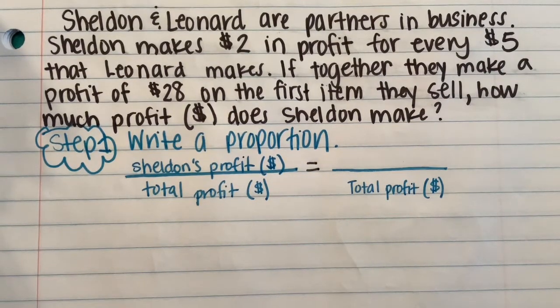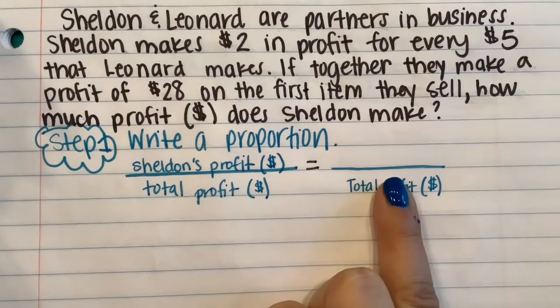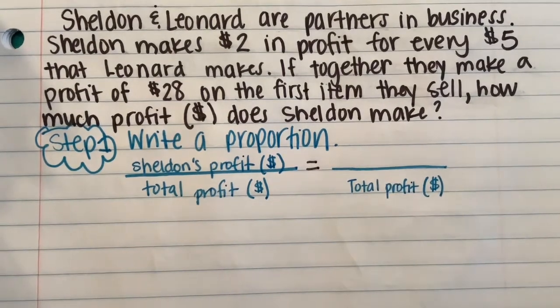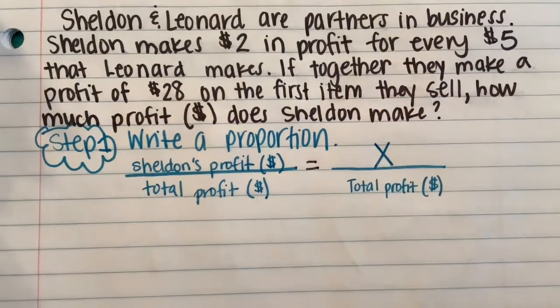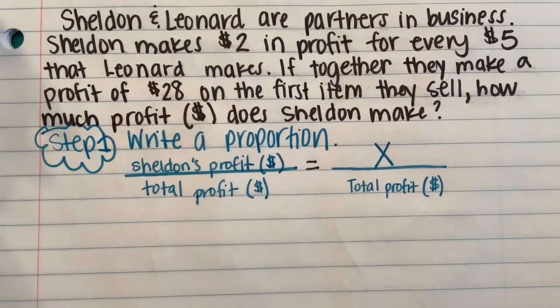I need to find how much profit in dollars Sheldon made over here. So I'm going to use a missing number, which I'm going to call X, my variable. I don't know the answer to that yet. So now I need to go back to my problem and see if I can find the numbers that I need to put in to this format.